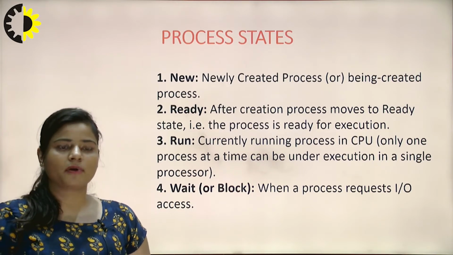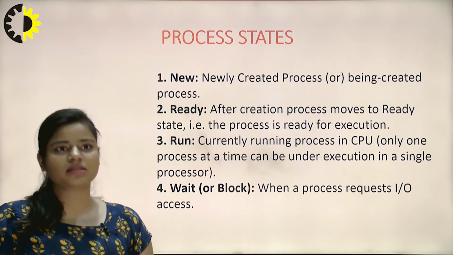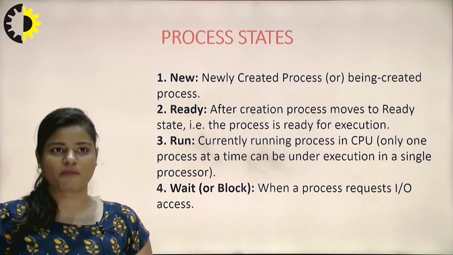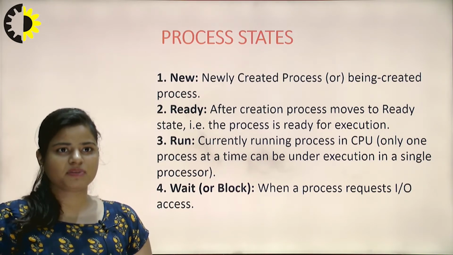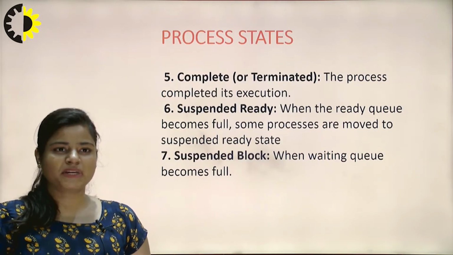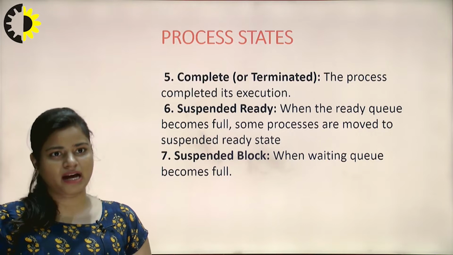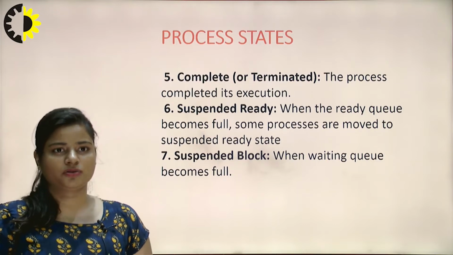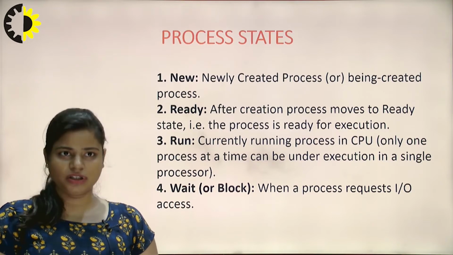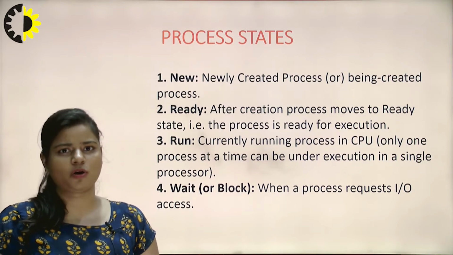When we talk about a process in an operating system, we have some specific pre-decided states of a process, whose names are new, ready, run, wait, complete, suspend ready, and the last one is suspend block. So let's learn about each of them one by one. First is new: a newly created process or a process being created.